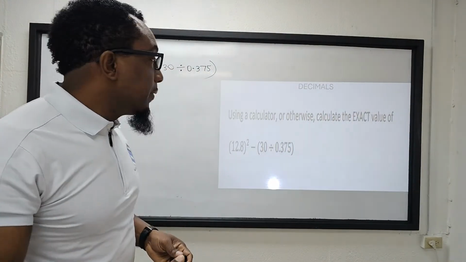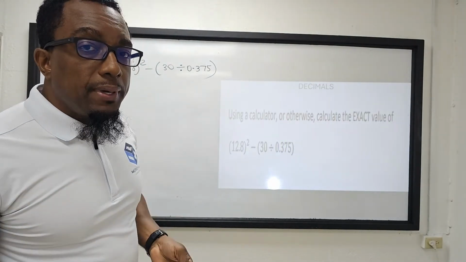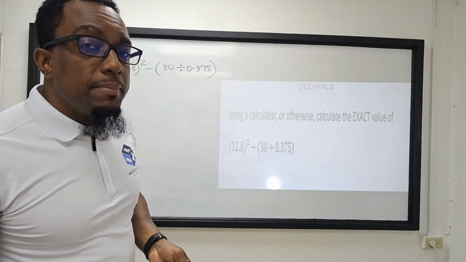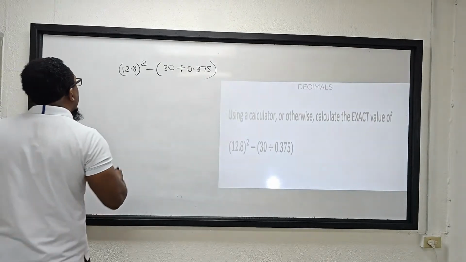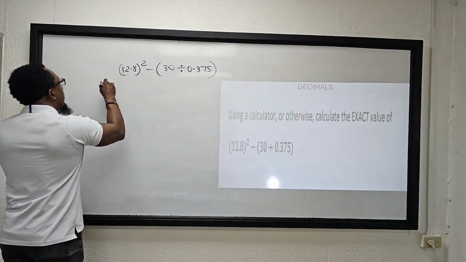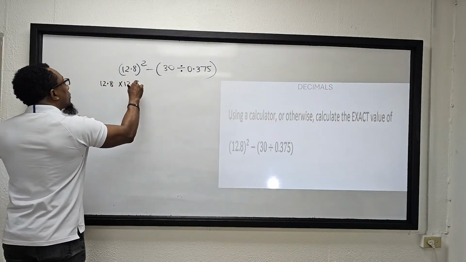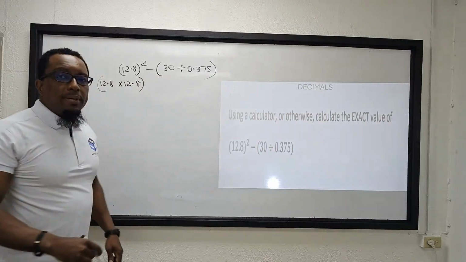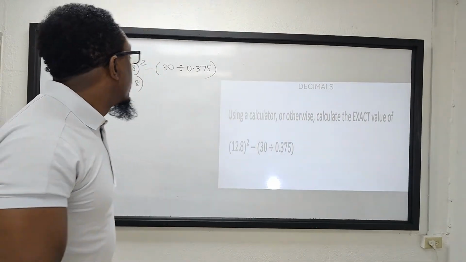What we're going to do is work out 12.8 by 12.8. That's what 12.8 squared represents. So this will be 12.8 times 12.8, and I put 12.8 by 12.8 in brackets.